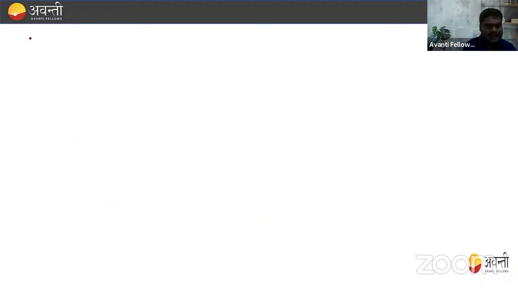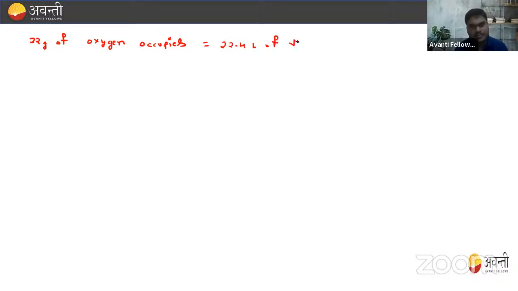It means that 32 gram of oxygen occupies 22.4 liter of volume at STP. We can write that 32 gram of oxygen occupies 22.4 liter of volume at STP.